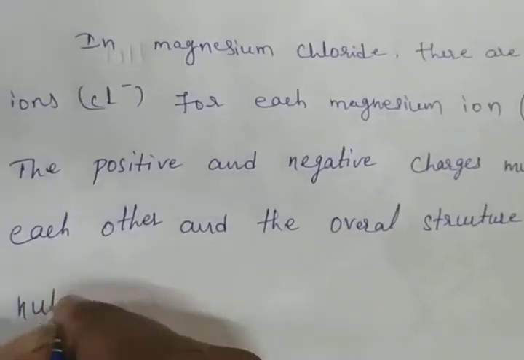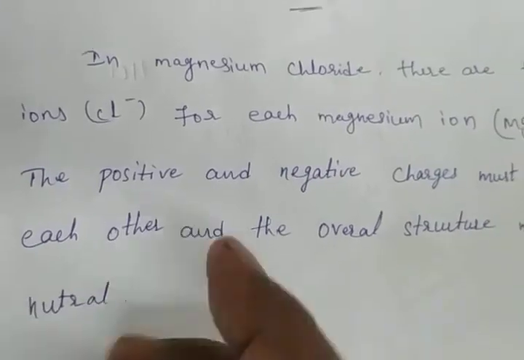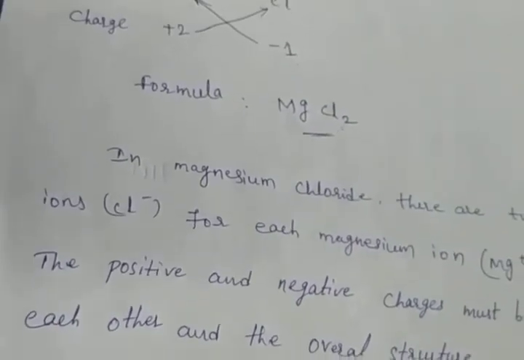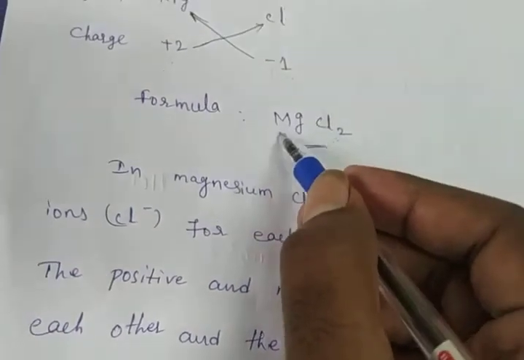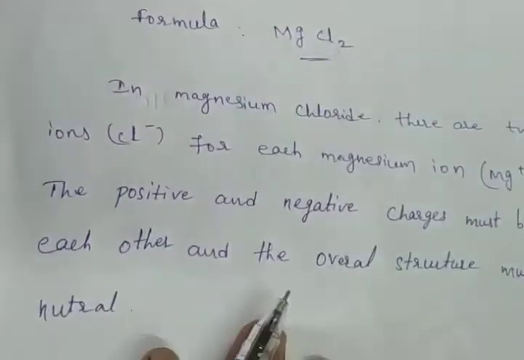Check the overall structure MgCl2: it is neutral. How is it neutral? Here -2, here +2. So overall neutral.